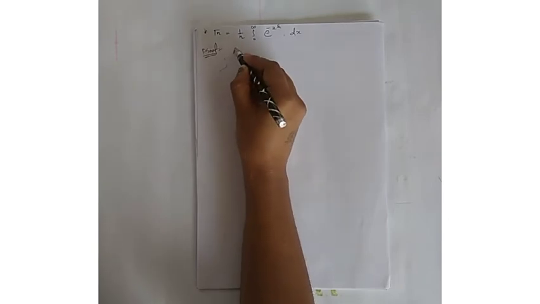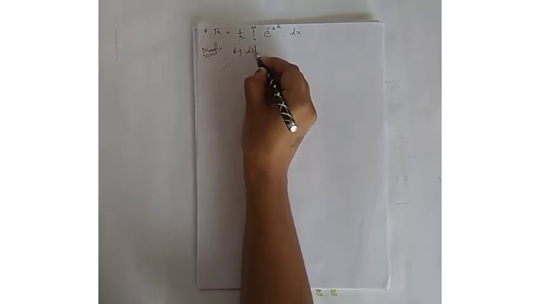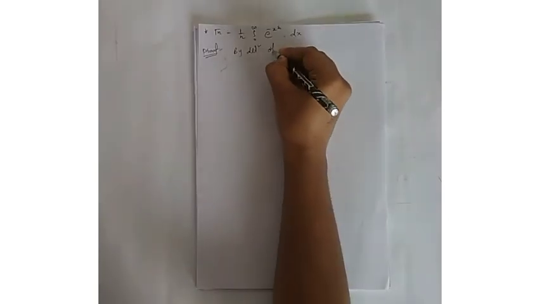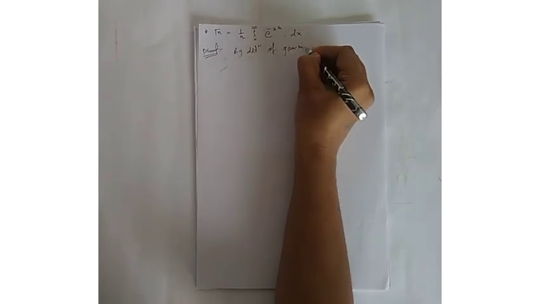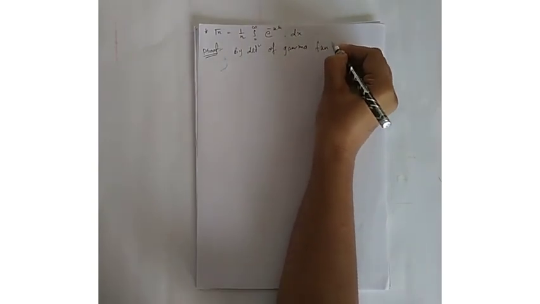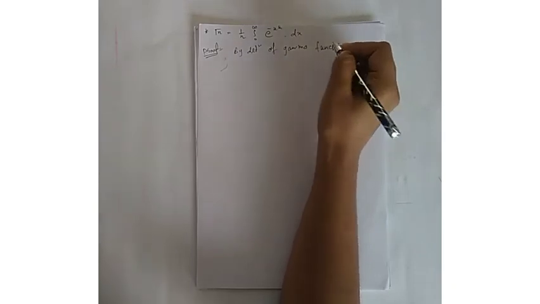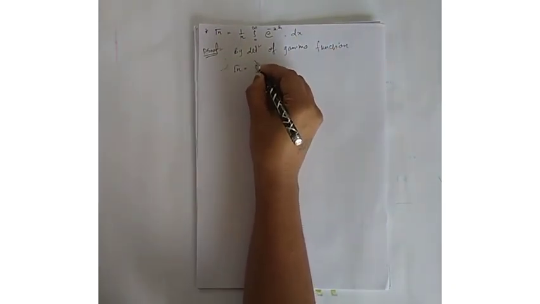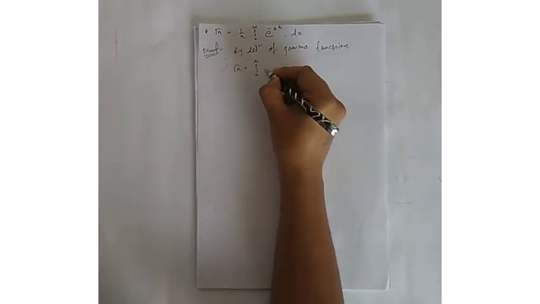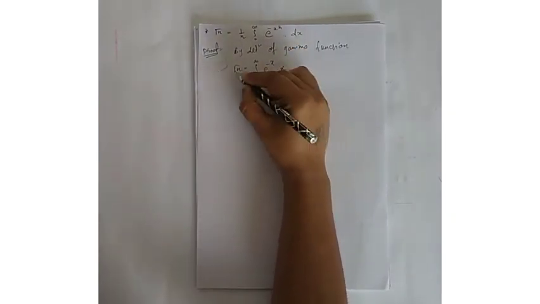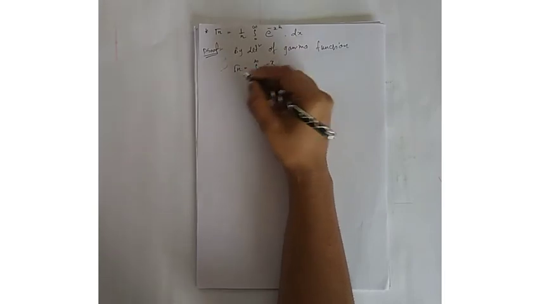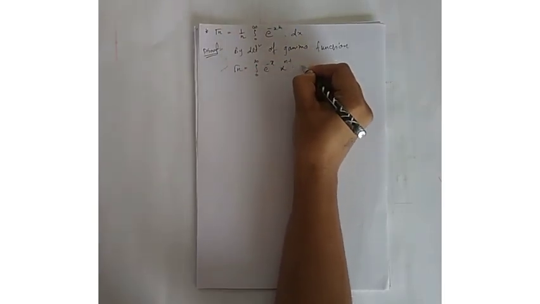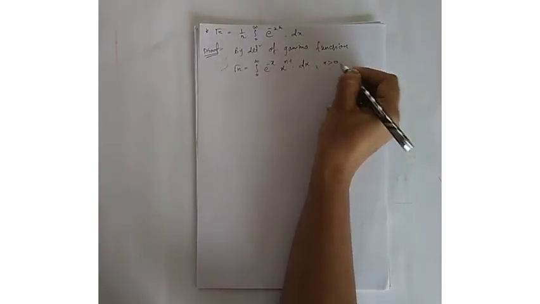So by definition of gamma function, gamma n is equal to integration from 0 to infinity e raised to minus x, x raised to, instead of p using here n, so n minus 1 into dx, and n greater than 0.